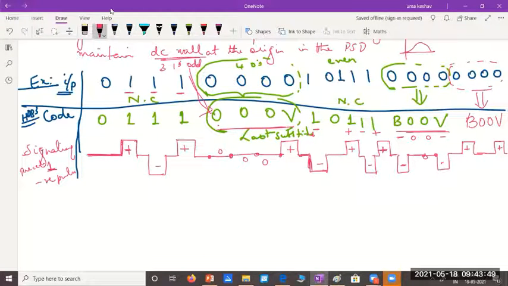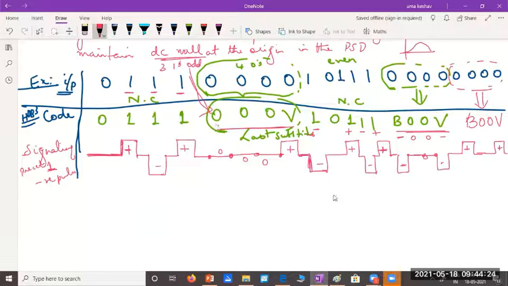That's the first step. In the next step, I have to check my preceding pulse, and according to that, I should give a value for this B and V. So if my preceding pulse was positive and if the replacement is 000V, this V value will be in such a way that it will violate the bipolar rule. If the preceding pulse was positive, this V value will also be positive. If preceding was negative, it would be negative.